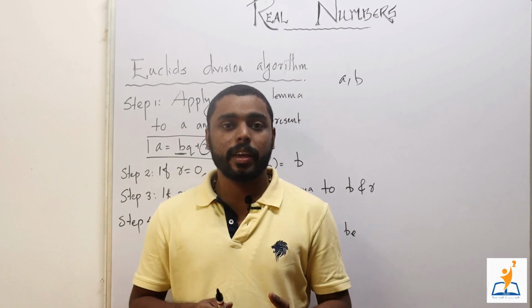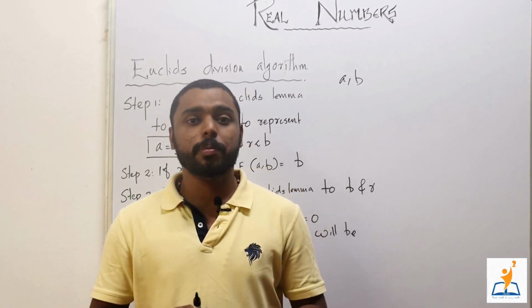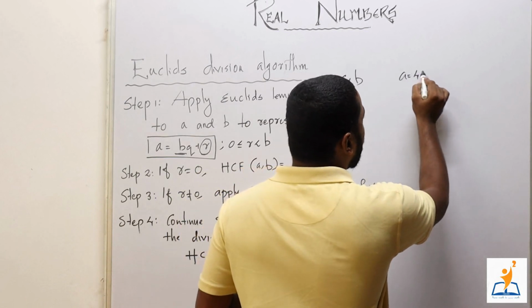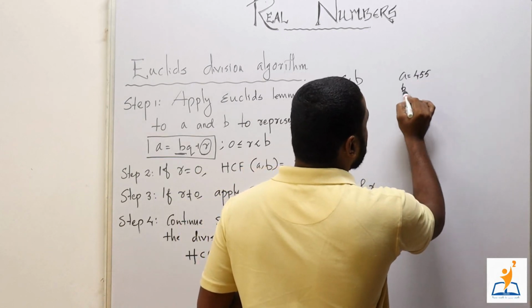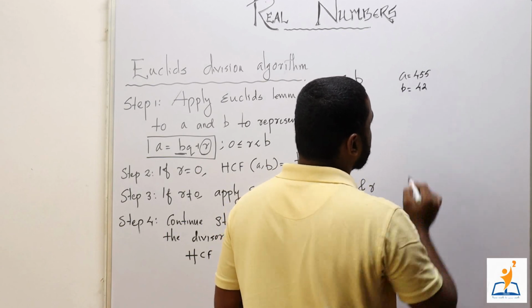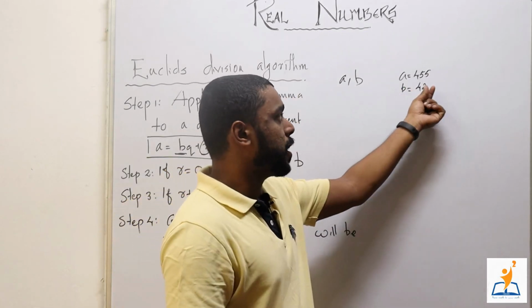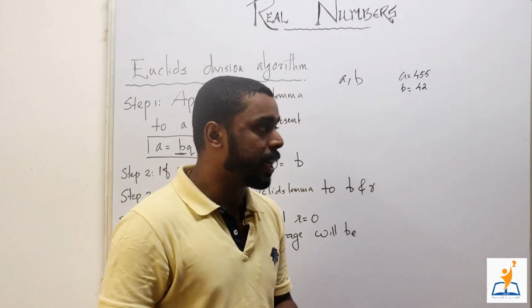Now let us apply Euclid's division algorithm to the integers a is equal to 455 and b is equal to 42. Since a is the bigger number, we shall express a in terms of b. How?